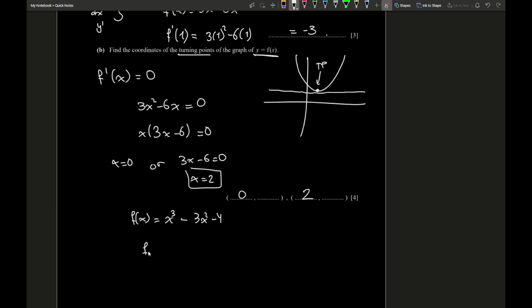So when x is equal to 0, f of 0 is going to be negative 4. That's very obvious. And when x is equal to 2, f of 2 is going to be 2 raised to the power of 3 minus 3 times 2 squared minus 4, which is equal to negative 8. Okay, that's it.